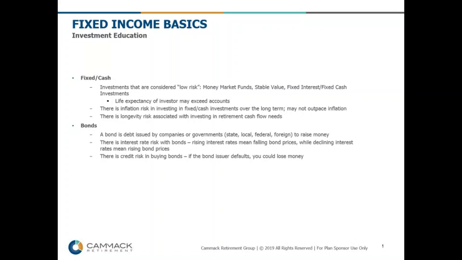But a government bond is really backed by the full faith and credit of the government and therefore doesn't have credit risk. But if you buy a corporate bond, there is a certain degree of credit risk. This risk is usually minimized by diversification. So when you buy a bond fund, there will be a great many different bonds in the fund, and that will diminish the credit risk and diversify the portfolio.